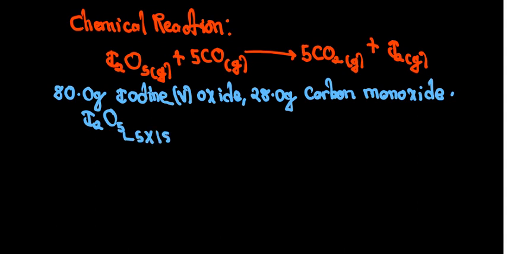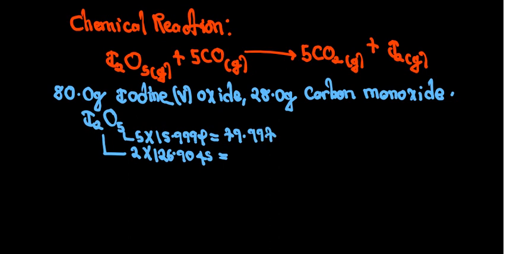So this is 15.9994, multiplied by 5, and then the iodine is 2 times 126.9045, and the oxygen gives us 79.997.